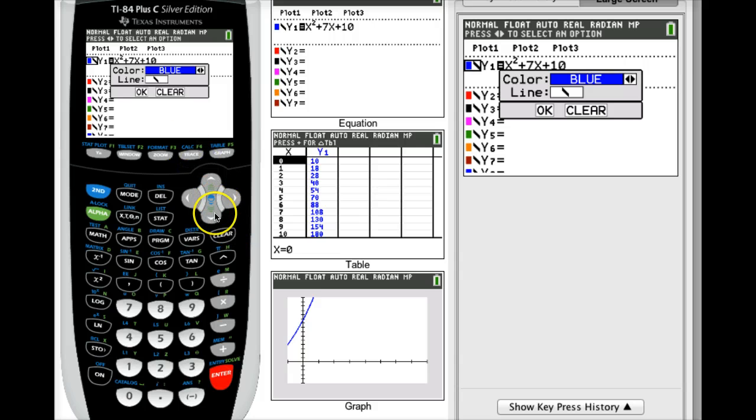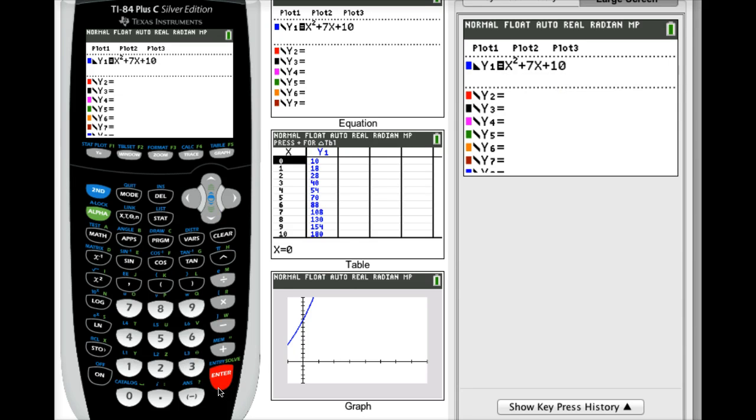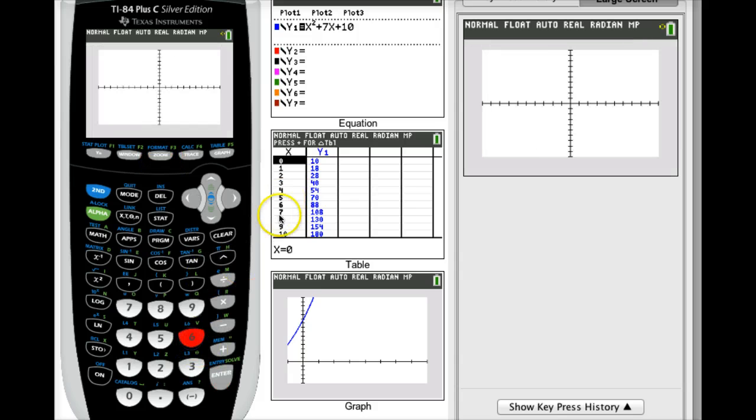And then as I taught you in class, yours might not look just like mine, but you need to change yours. If you've got one that actually gives you the less than symbol, that's great. Choose the less than symbol. If not, you're looking for this because that's the lower half plane shaded. And so that's okay. So I'm going to zoom 6 since I had adjusted my window before.